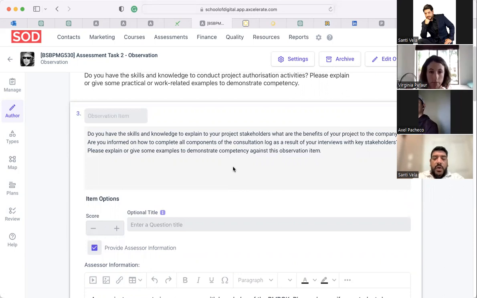So remember, what is the benefit of a project? What will they get?